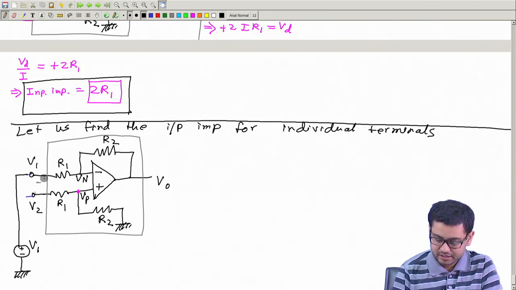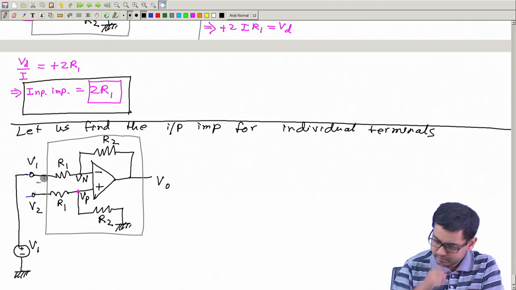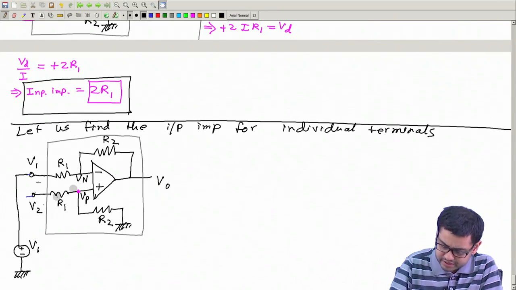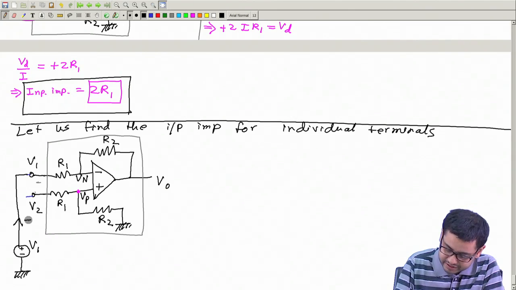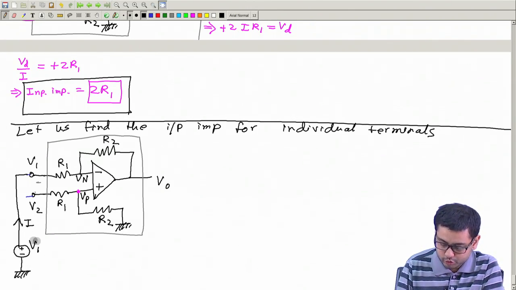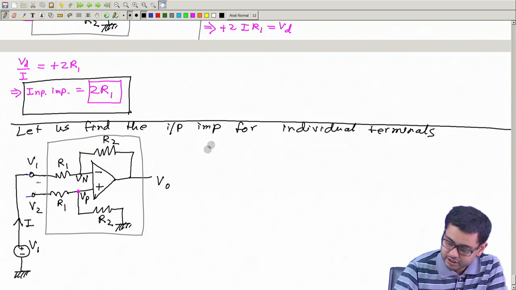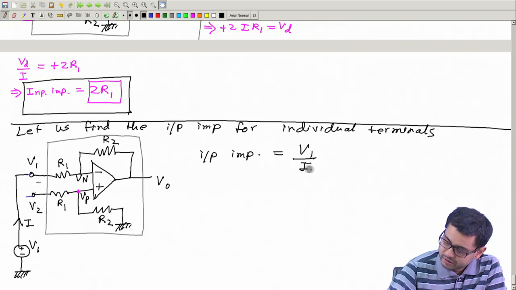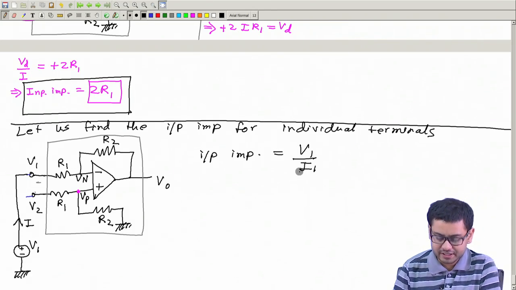So this is applied, and I have to take the current, this current I, this is the input current, this is the input voltage, this is the input current. So now the input impedance will be equal to V1 by I1, input voltage by input current, right?